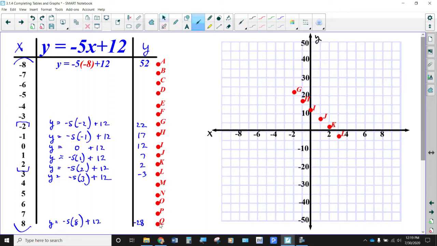So if I wanted to plot the extremes, I sometimes recommend that you do that. Let me plot point A somewhere around 52, and point Q would be at 8, negative 22. And if you plot those 2 points and connect them, all the other points should fall in that row.